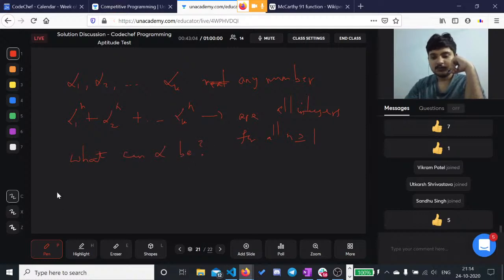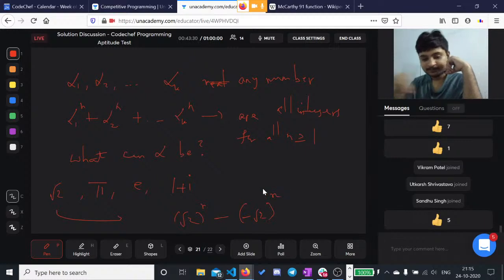Okay, and the options were square root of 2, pi, e, and 1 plus i. Okay, so you can easily construct for square root of 2: square root of 2 power n plus minus square root of 2 power n.